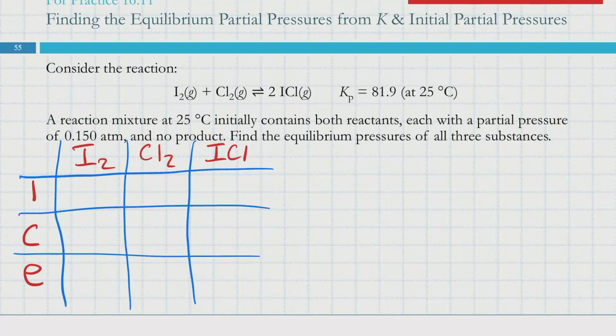We've got a reaction given to us, we've got a Kp value given to us, and we've got some initial conditions as well. So we've got partial pressures of 0.150 atmospheres for both of our reactants and no product.